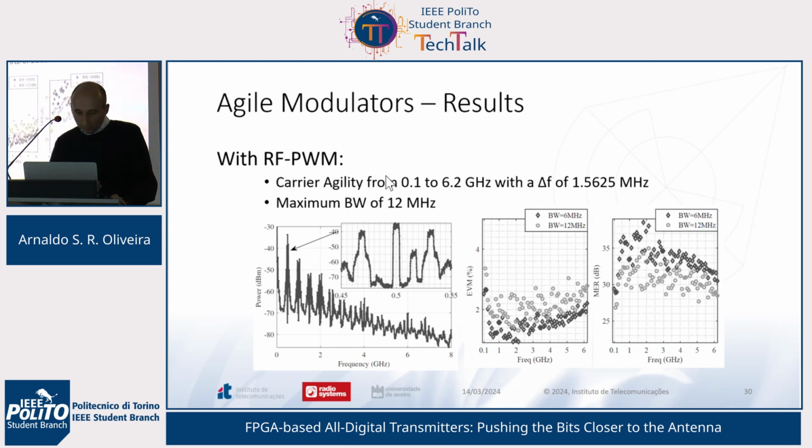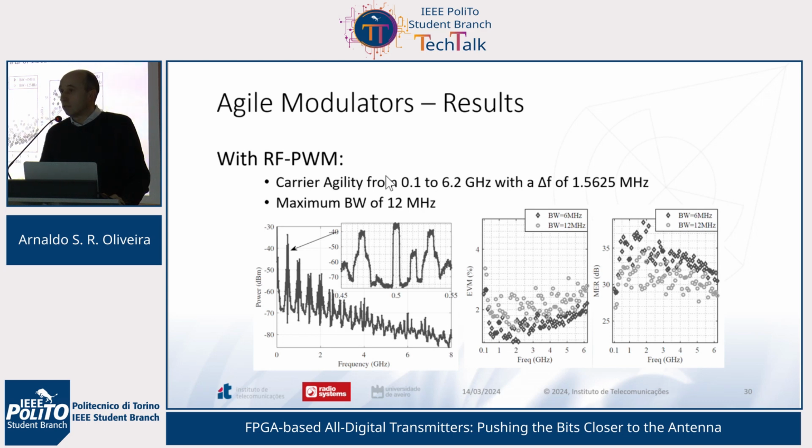We are always below 3% of EVM, sorry, and most of the time below 2.5% of EVM. With this approach, we have a carrier agility of 1.5 megahertz, which means that we can tune the carrier in a very fine-grained way.